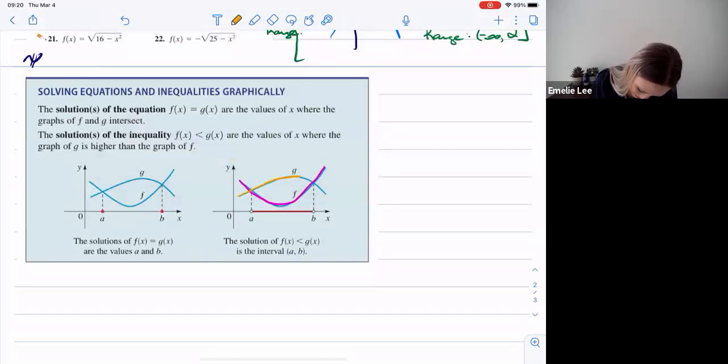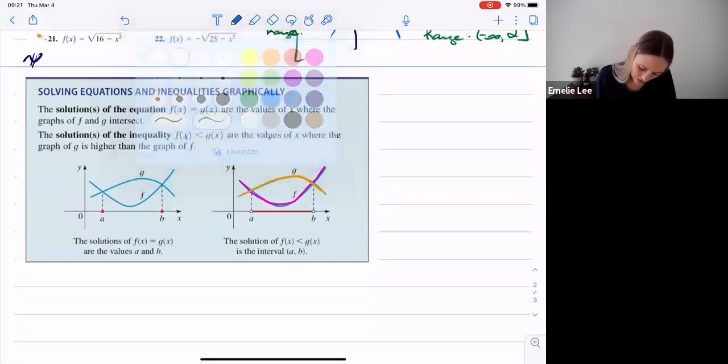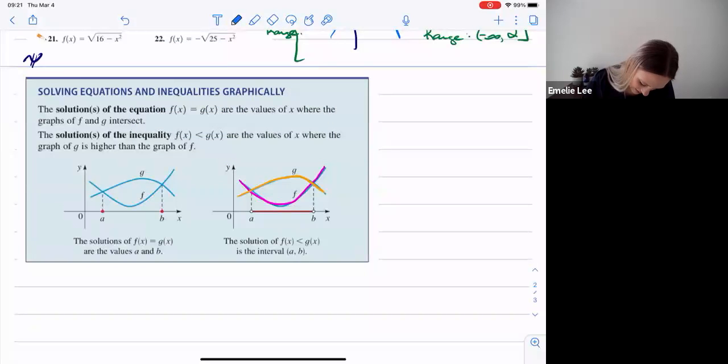Orange. Orangey, glad I didn't say banana. So G is this orange one and F is this pink one. So at each value of X, you'll be able to tell me which one is larger than the other one, right?